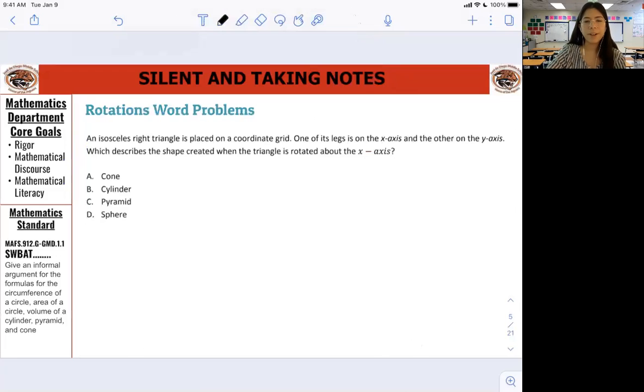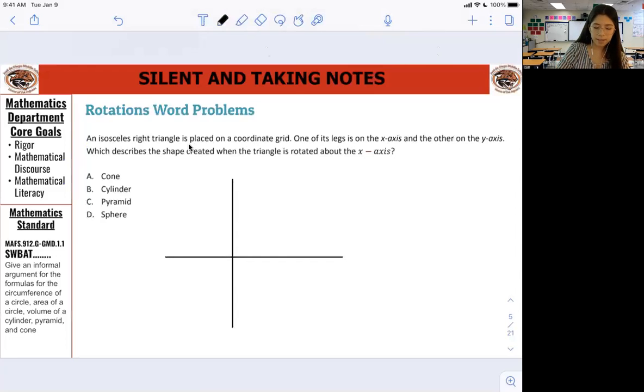Here we are. So it looks like I have 3 students who were not paying attention to a word I said. Uh-oh. Okay, let's take a look. So an isosceles right triangle is placed on a coordinate grid. Okay, here's a coordinate grid.